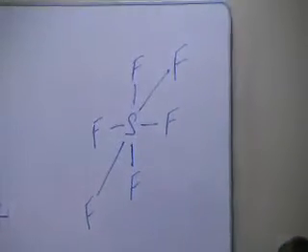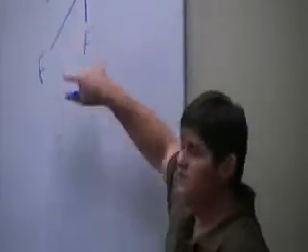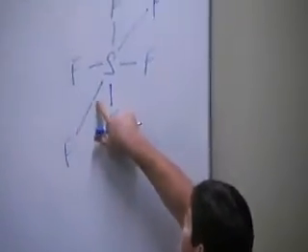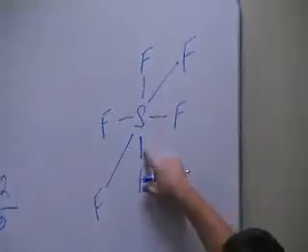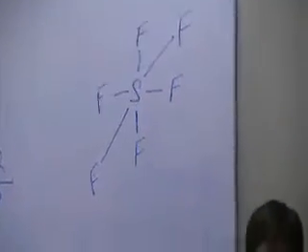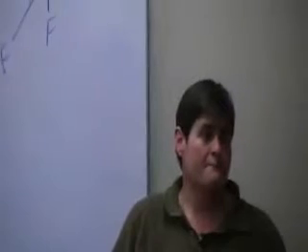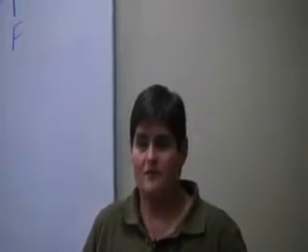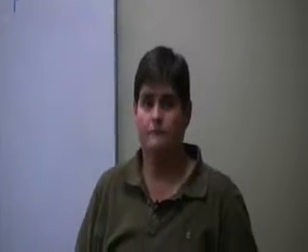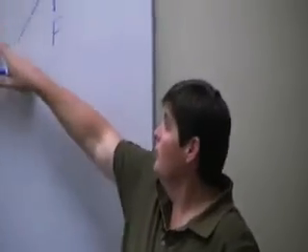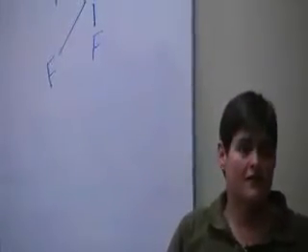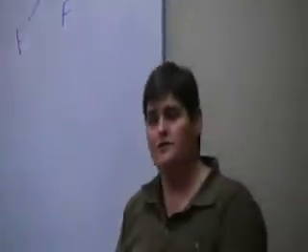Each one of these lines represents 2 electrons. That's a bonding pair of electrons. By doing this, we've taken care of 2, 4, 6, 8, 10, 12 total electrons. We have a few left over, don't we? And where do those leftover electrons go? They're going to go around fluorine to satisfy the octet, because fluorine is one of those atoms that will satisfy the octet rule.